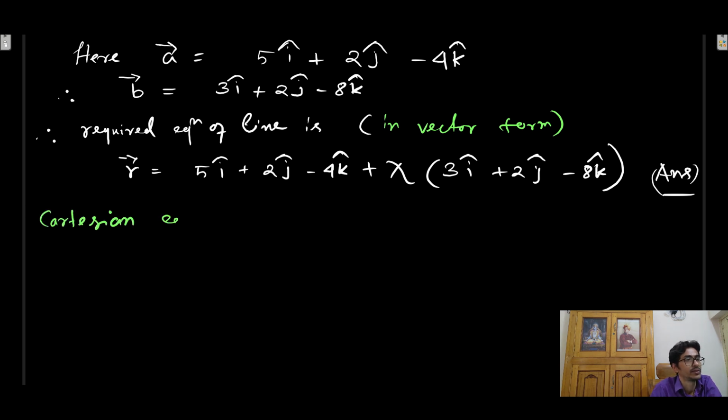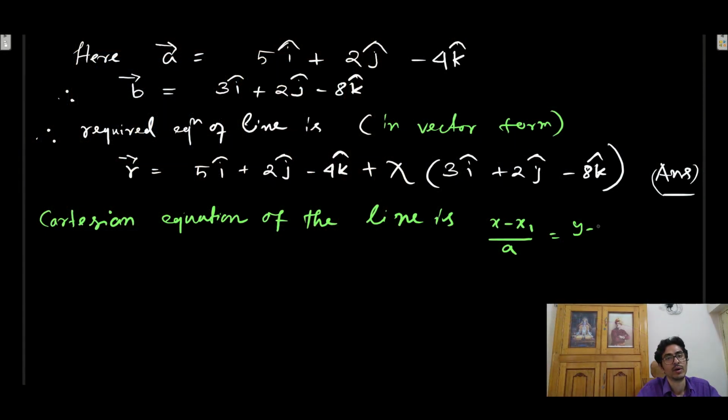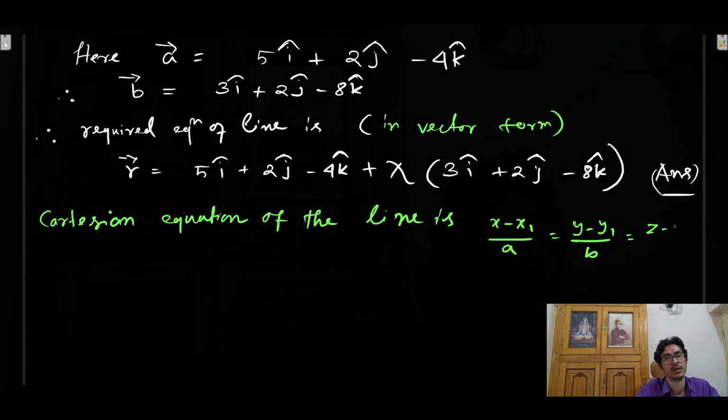The Cartesian equation of the line: we have learned from lecture 7 that when a given line passes through a given point and is parallel to a given vector, the Cartesian equation is (x minus x1) by a equals (y minus y1) by b equals (z minus z1) by c, where a, b, c are the direction ratios of the given line.